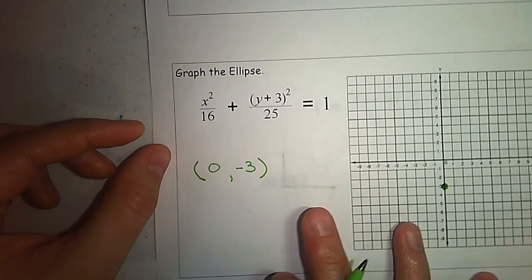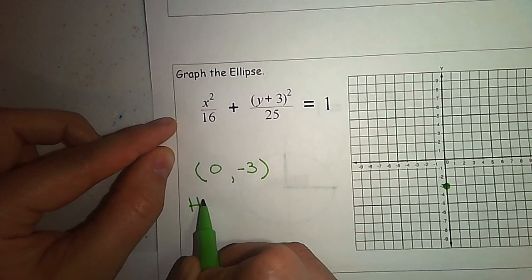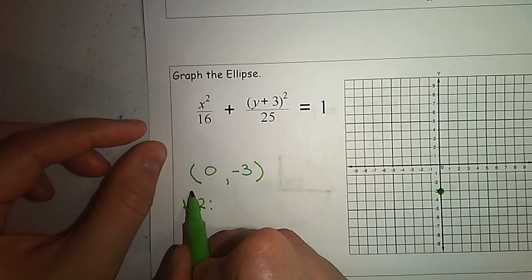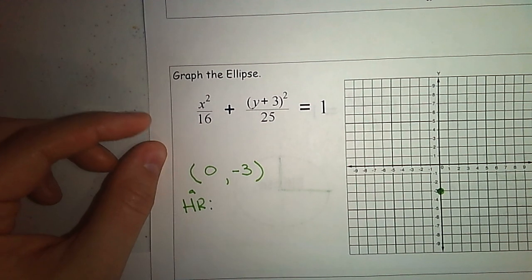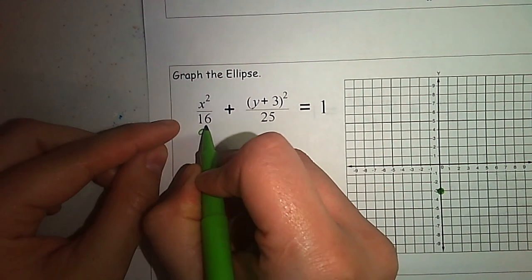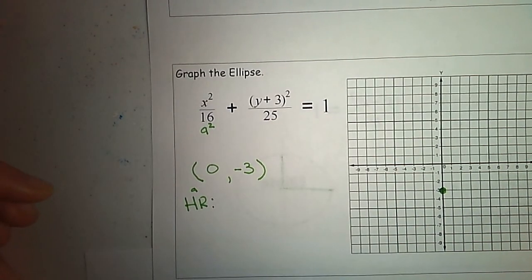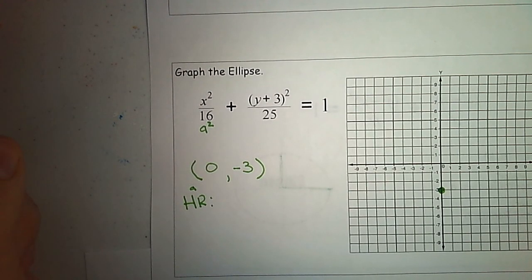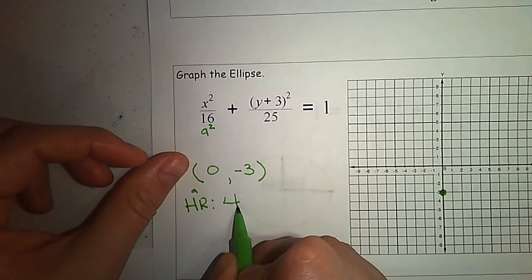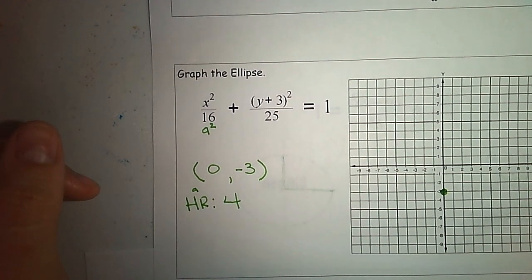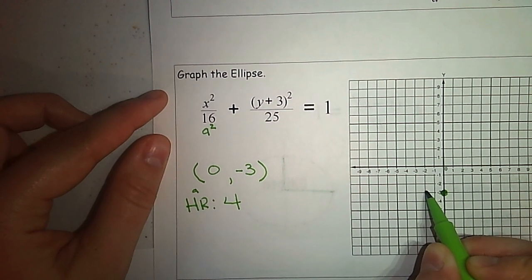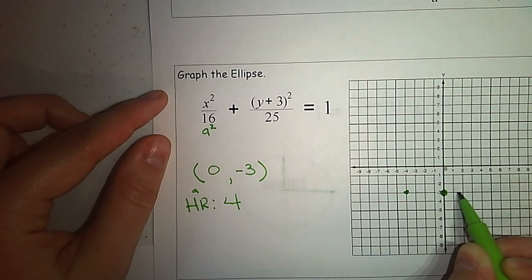And now, next up, I'm going to find my horizontal radius. So remember our horizontal radius was that a value. In our equation, this is the a squared. So if a squared equals 16, that means our horizontal radius, take the square root of that, is going to be 4. So in terms of my graph, that means I need to be able to go left 4 and right 4.